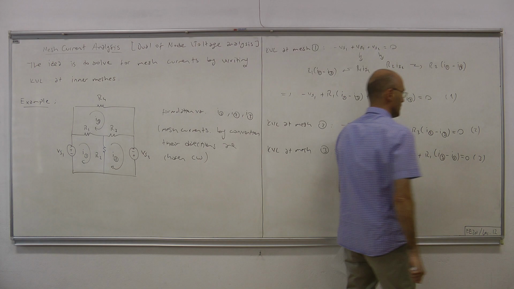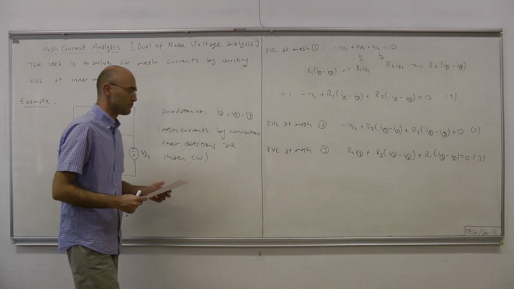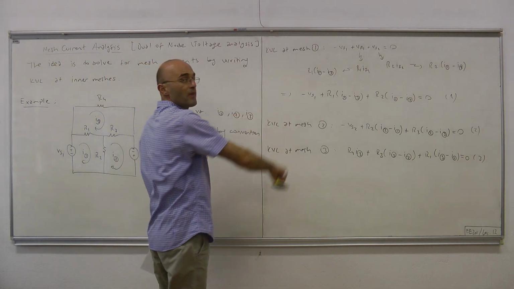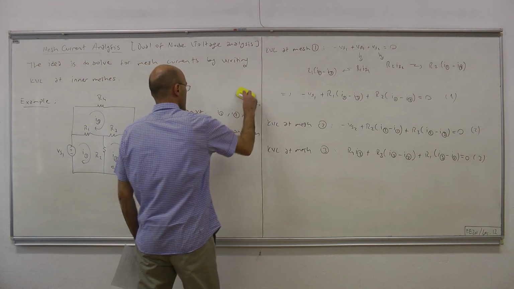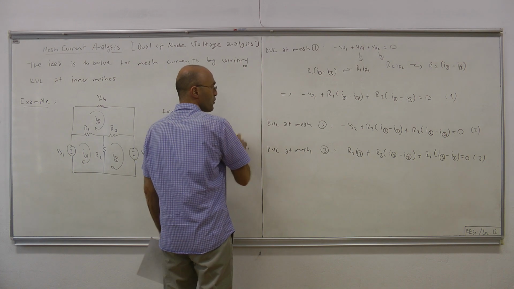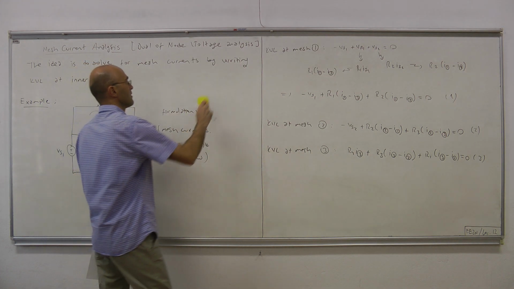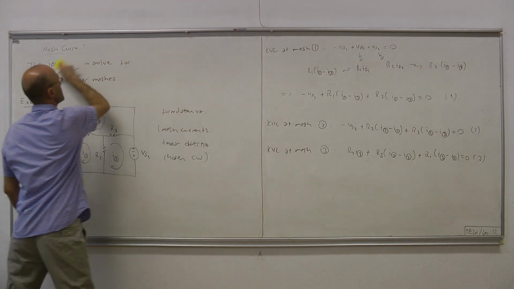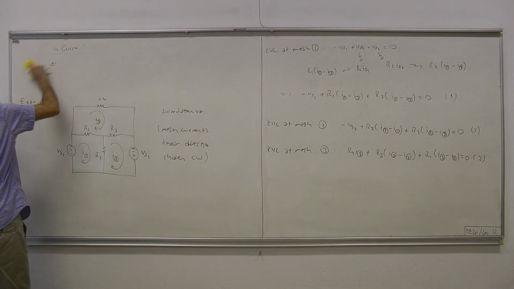And this is our last equation. So those are the mesh current equations, as we did with node voltages. Let's put them in a more compact form, that is in matrix form, and we will move on to other examples.